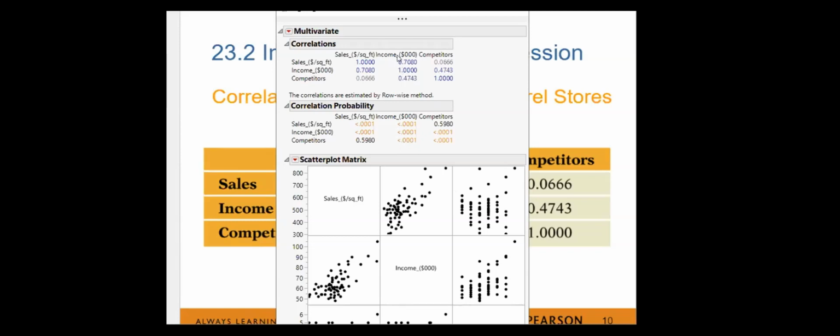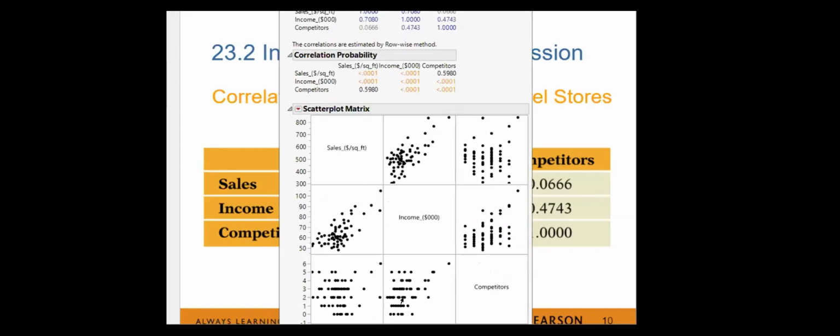So there is a significant association between income and competitors, okay? And is that strong? No, that is moderate because it's close to 0.5. When your correlation value is close to 0.5, that's a moderate relation or association. Is that significant? Yes, that's a significant association. Does the scatter plot confirm that? Yes, we have approximately a linear association between income and competitors right there.